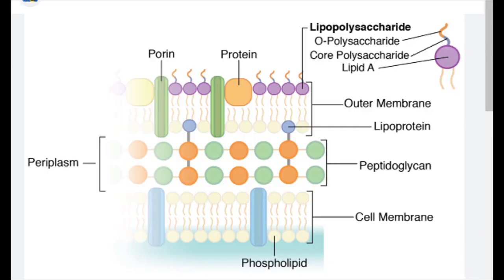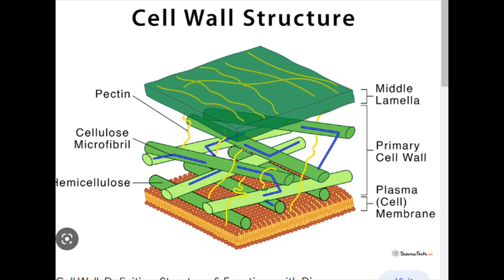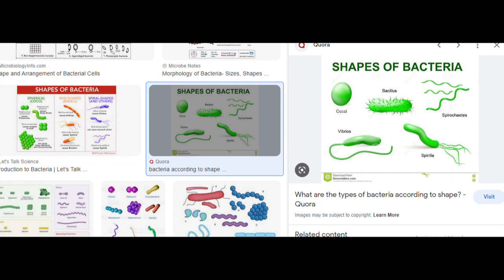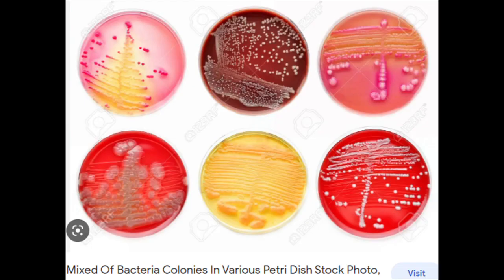These sugars alternate to form a long chain. Attached to the N-acetylmuramic acid are side chains of 4 to 5 amino acids, making a cross-linked structure that covers the entire cell. The amino acids are L-alanine, A-L-A-N-I-N-E.